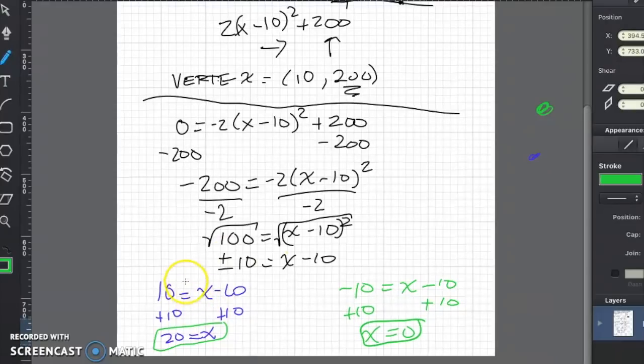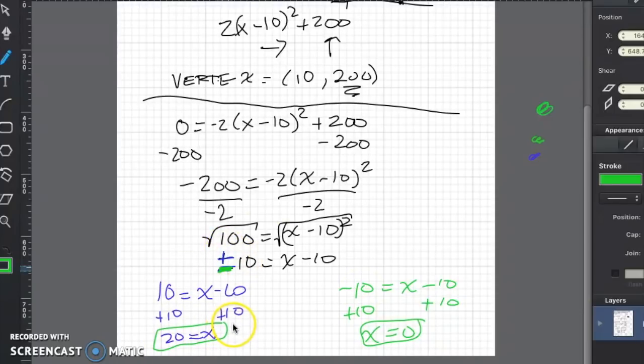So again, in one case, I had a positive 10 on this side, and in one case, I had a negative 10. And that all comes from right here. So this is going to be my negative 10. In one case, I had a negative 10, in green, and that went over here. And in the other case, I had positive 10, in blue, and I put that over here.